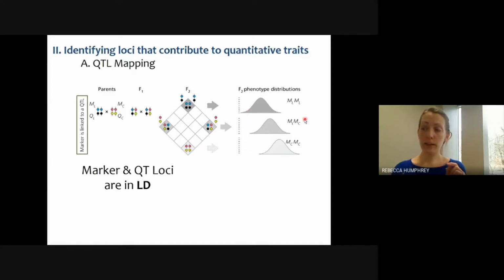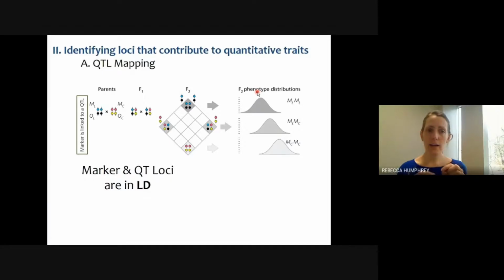Individuals who are heterozygous have intermediate phenotypes, and individuals who are homozygous for the other species marker locus share a phenotype similar to each other that's different from the phenotype caused by the other marker locus. So this doesn't tell us anything really about the quantitative trait locus that's in charge, but it tells us that there's potentially a quantitative trait locus near our marker locus.